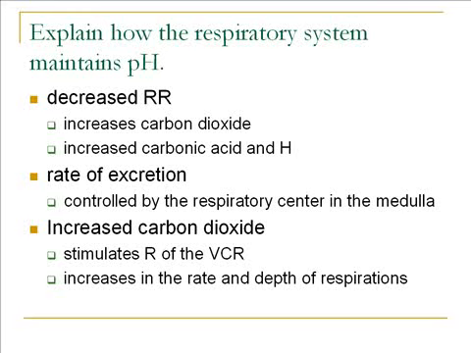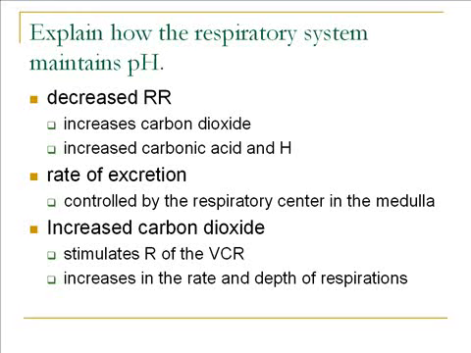This is all controlled automatically because of the respiratory center in our medulla oblongata. That's where our autonomic service portion is. So when we have an increased carbon dioxide, it sends a message to that part of the VCR, which is the vasomotor, cardiac, and respiratory rate.